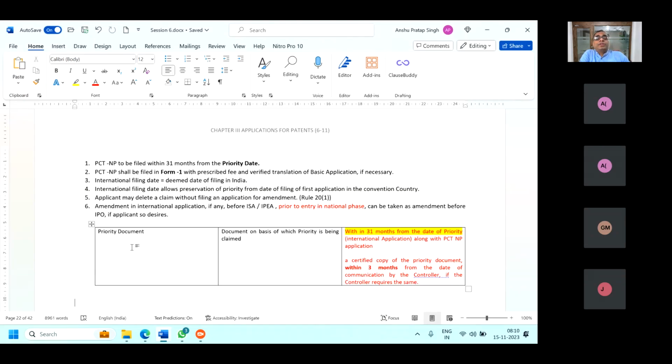If you have made an amendment in the international application before the ISA, IPEA, before entering the national phase, then we will consider it as an amendment if you desire. If you say those amendments should be considered as amendments in the patent application for India, we will consider them as such.